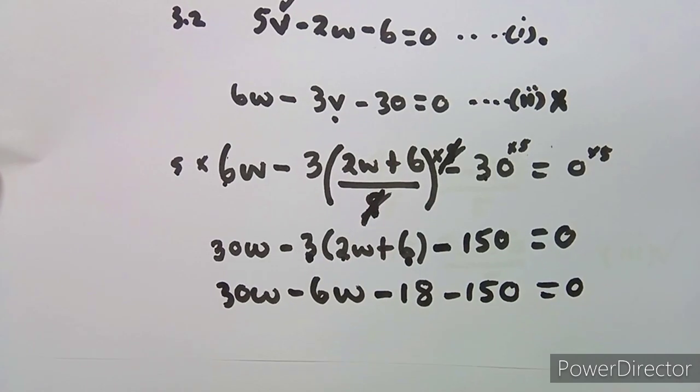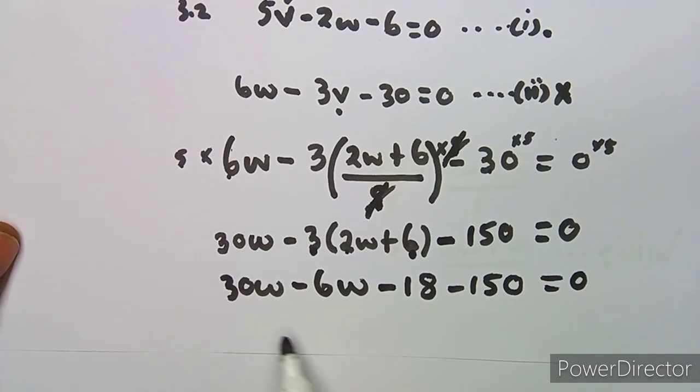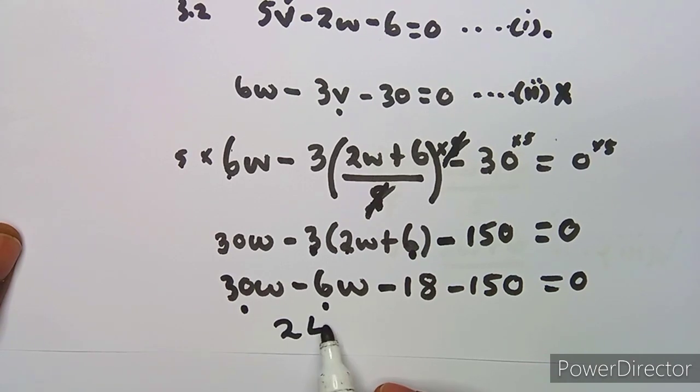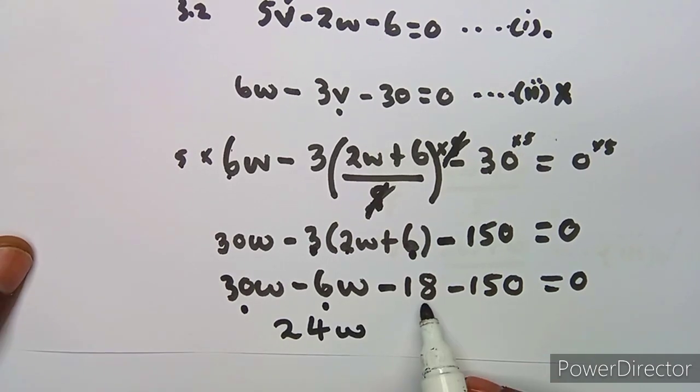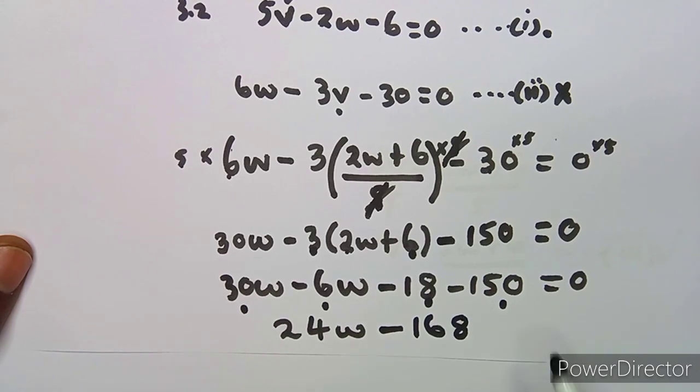So collect like terms. 30 minus 6 is 24, so this is 24w. Minus 18 minus 150 is going to give us 168. That's minus 168, which is equal to 0 there.